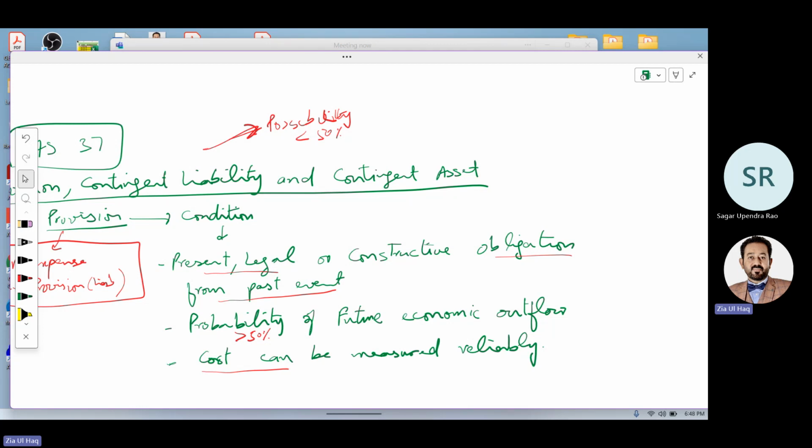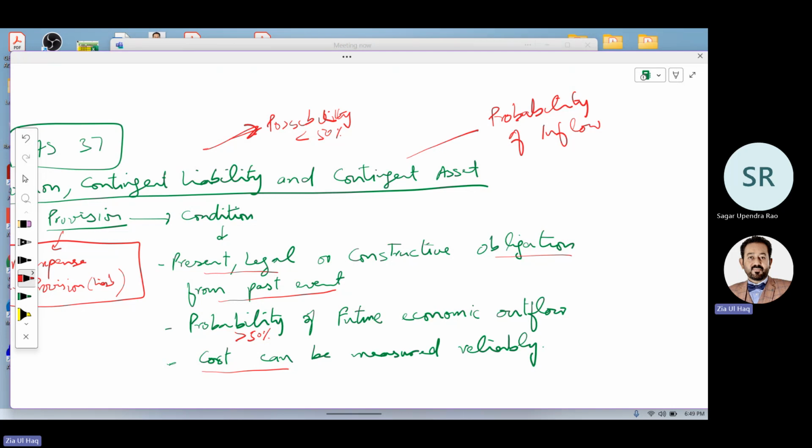If you win the case, you will receive some money as damages, and there is a probability of inflow. You should disclose a contingent asset. There is no accounting entry. You should disclose it in the notes to the accounts.